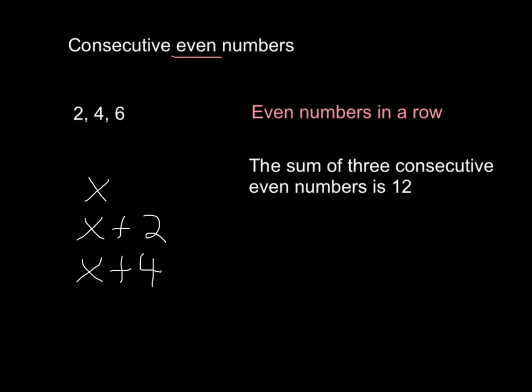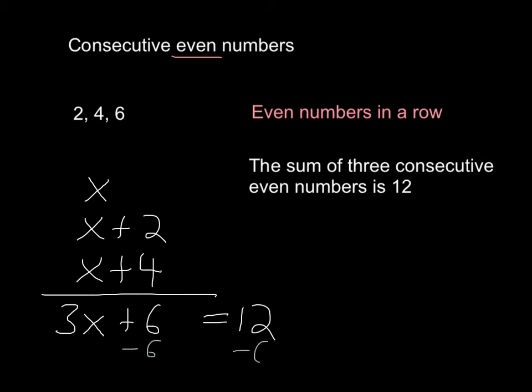So if I say the sum of 3 consecutive even numbers is 12, then I can just sum these, 3x plus 6, and set them equal to 12. I'll subtract 6 from both sides, and I'll end up with 3x equals 6, or x equals 2.